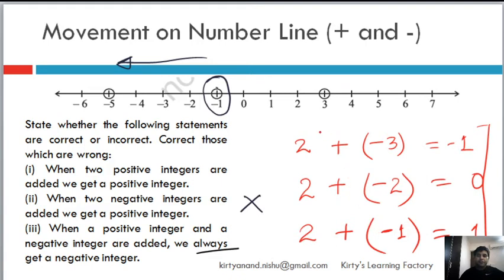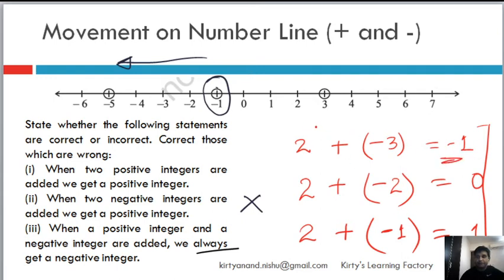So basically what happens is that when a positive integer and a negative integer are added, if the numeric part of the negative integer is larger than the positive integer, numerically it is 3 and it is 2. So 3 is greater than 2, but because of the negative sign, minus 3 is a smaller integer. Therefore, when the numeric part of the negative integer is larger than the positive integer, you get a negative.